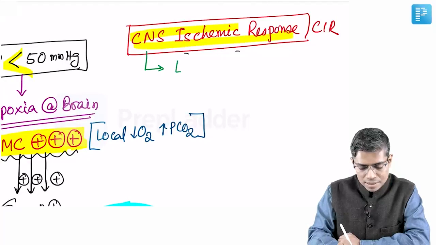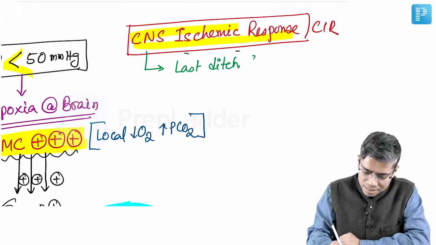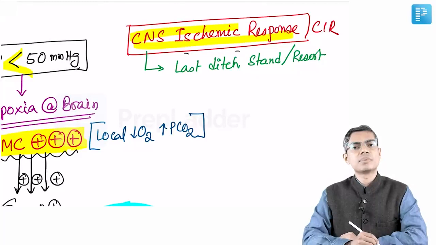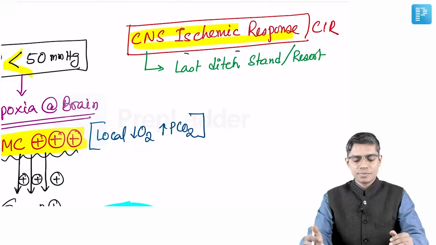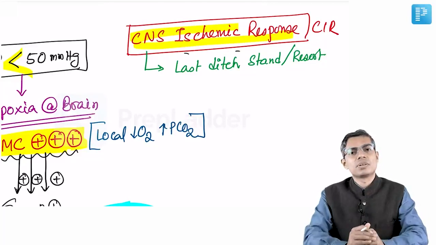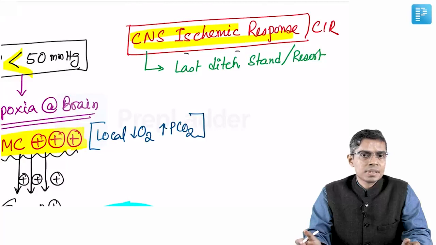This is known as the last ditch stand or last ditch resort mechanism. After failure of this mechanism, there is no one to increase your blood pressure once again, and the person is going to die, right?